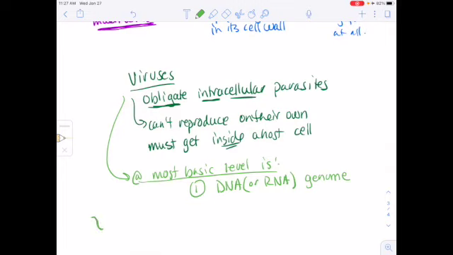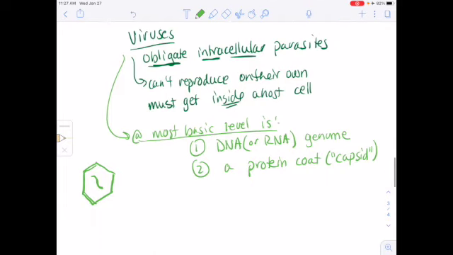Or in the case of coronavirus, it is RNA. And two, a protein coat, which is sometimes called the capsid. I'll draw it like this, because some viruses are actually shaped like a hexagon. So there you have it. There's a virus, a viral particle, all by itself.